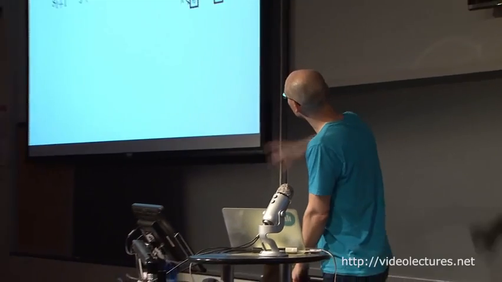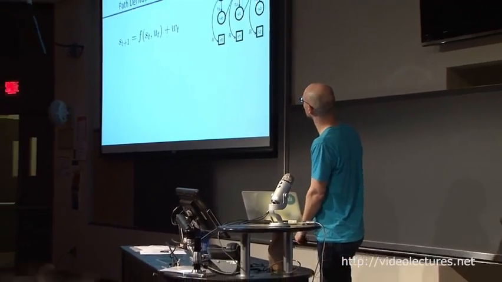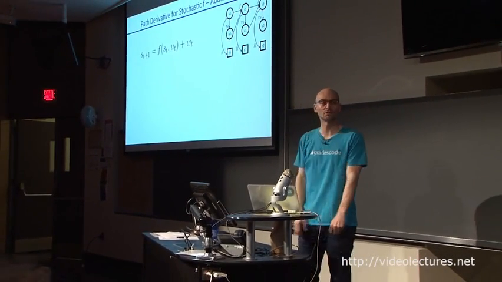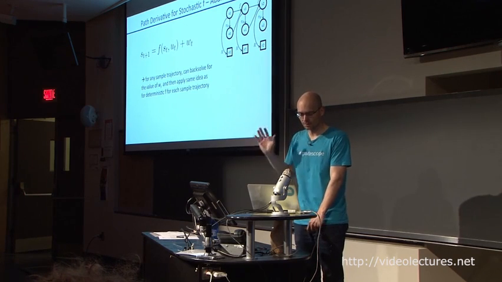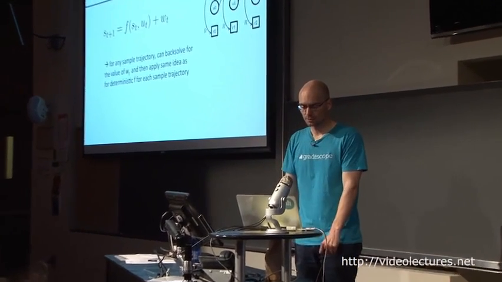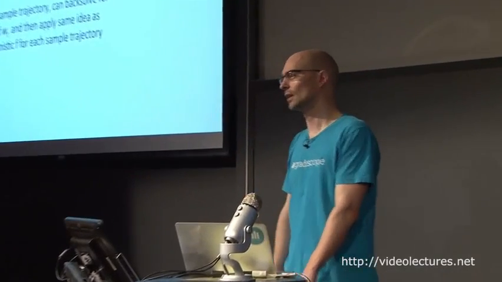There are fixes to that. How about f being deterministic? Let's look at a simple place where it's quite intuitive how to fix this. Let's say s at time t+1 is a function of s_t and u_t plus some noise w_t. Then if we have a sample trajectory, we can actually back solve for the values of w.